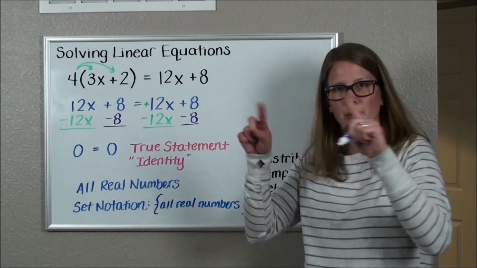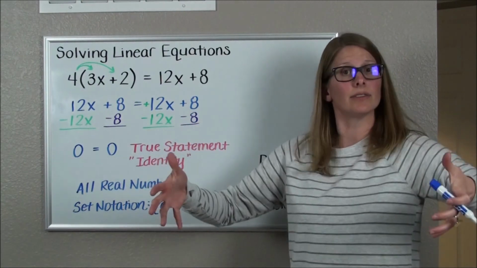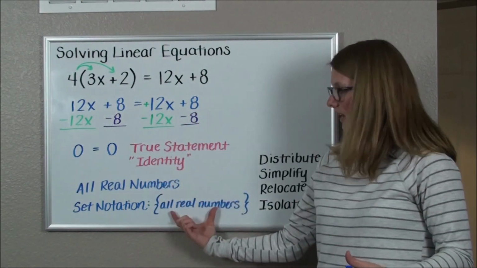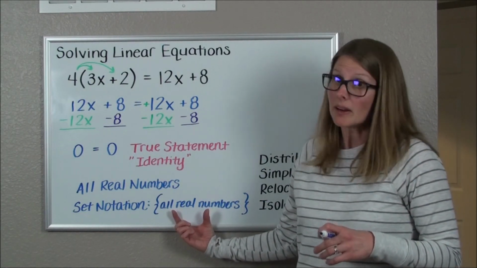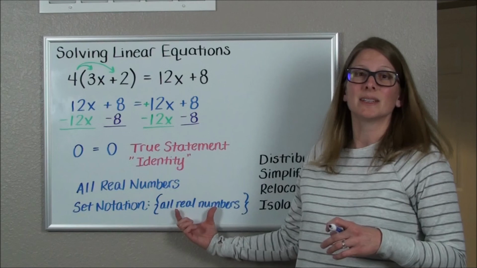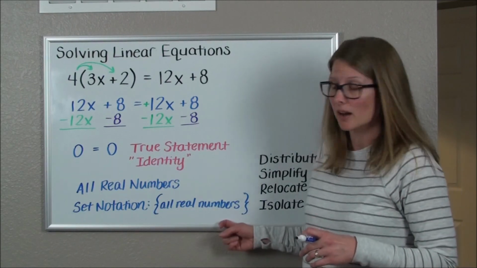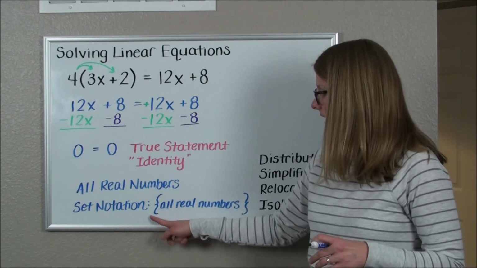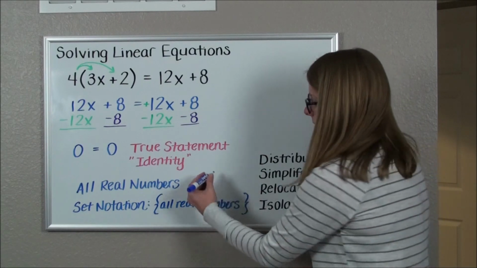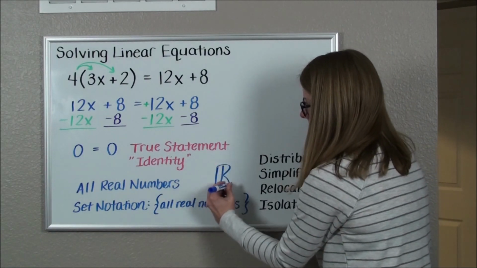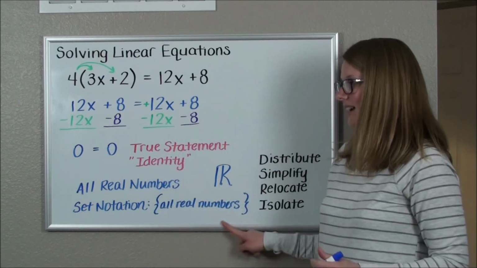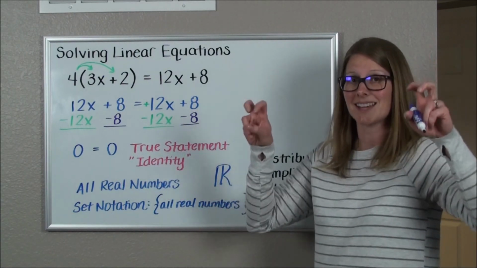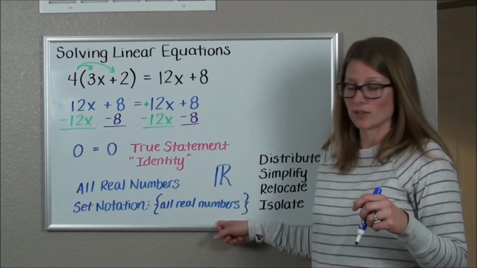So again, those curly braces just say here is the set of, or the collection of, and you're saying all real numbers belong in that collection. But math people are kind of lazy, and so we come up with symbols to say all of that. We don't like to write all of that stuff. So instead of saying the set of all real numbers, we can use a symbol that just looks like a fancy looking R. That R says the exact same thing as this. It says the set of all real numbers.